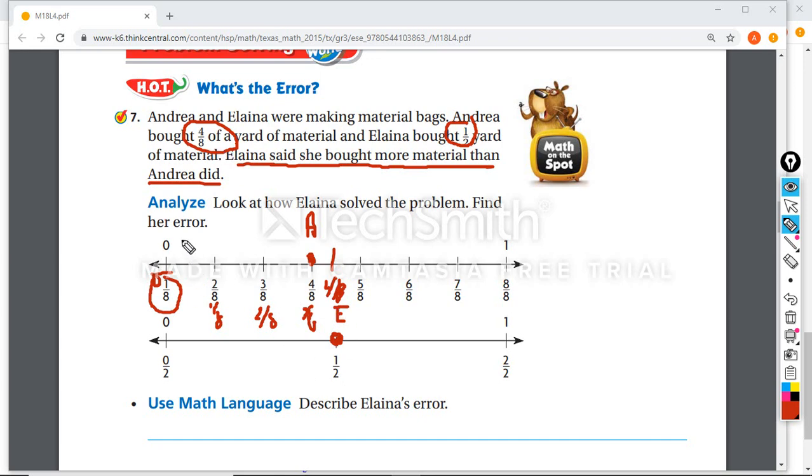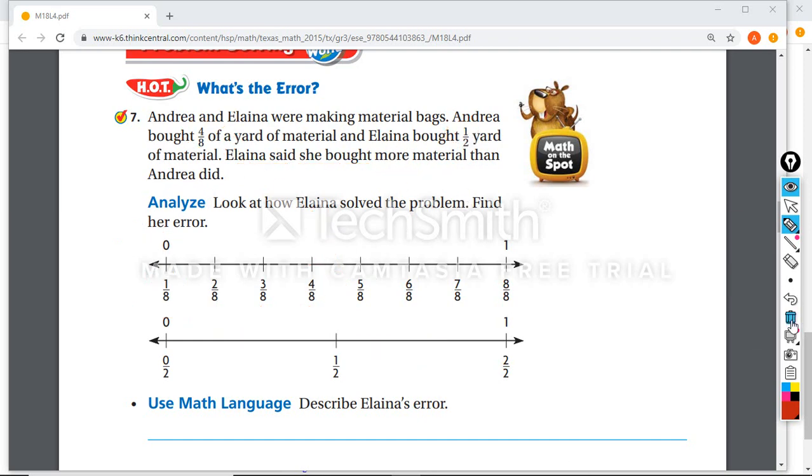The problem was when Elena looked at this, she did not notice that Andrea did not create her number line correctly. She did not start it off with 0. That's the key. Did not start off with 0, because 4/8 and 1/2 are equal. They're the same. So that was the error right here.